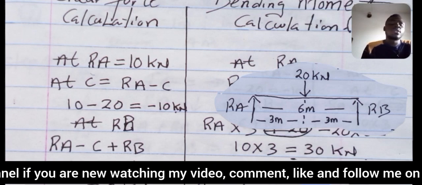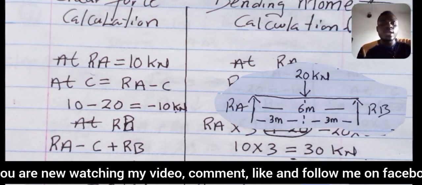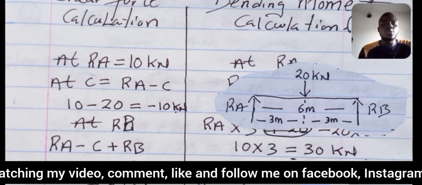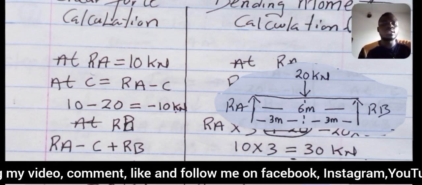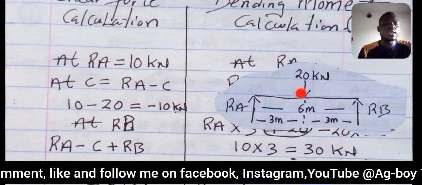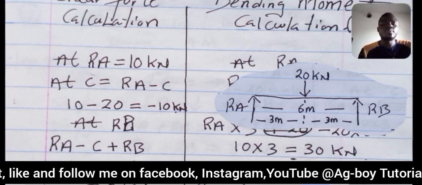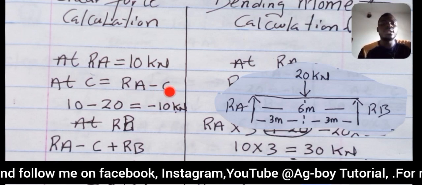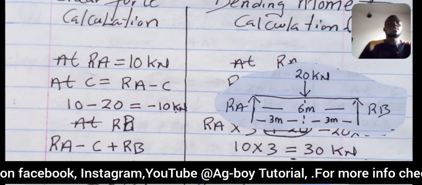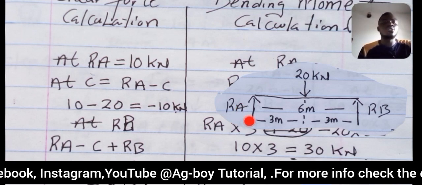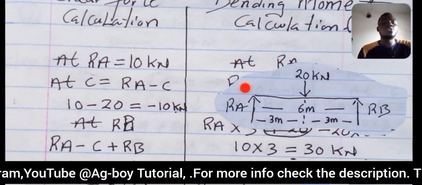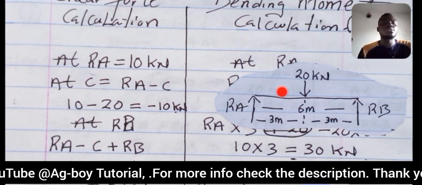For our shear force calculation, at RA it equals 10 kilonewton. Remember when we got our 10 kilonewton, then at C, which is at this point here, it is going to become RA minus C. Remember, RA is going upward, so it's going to be the upward direction minus the downward direction.